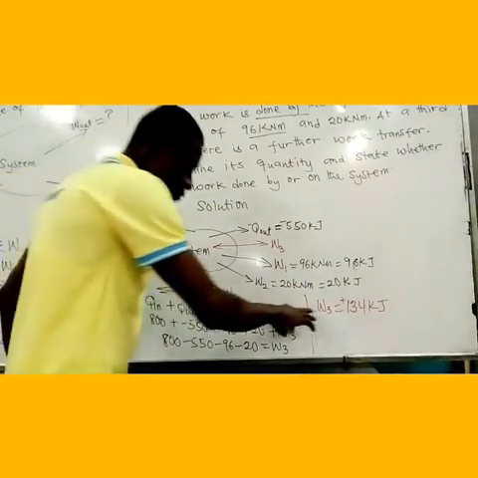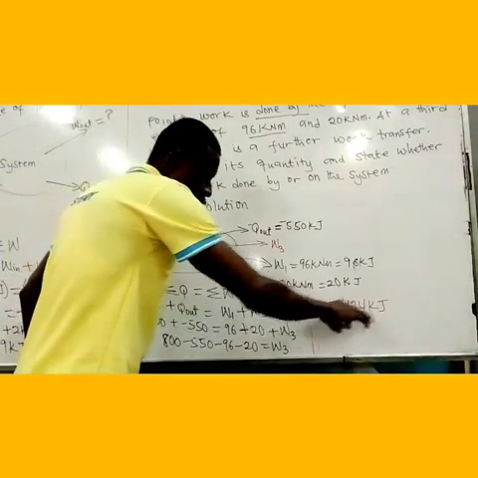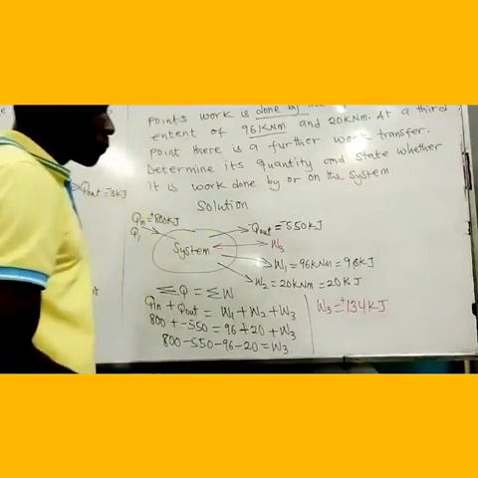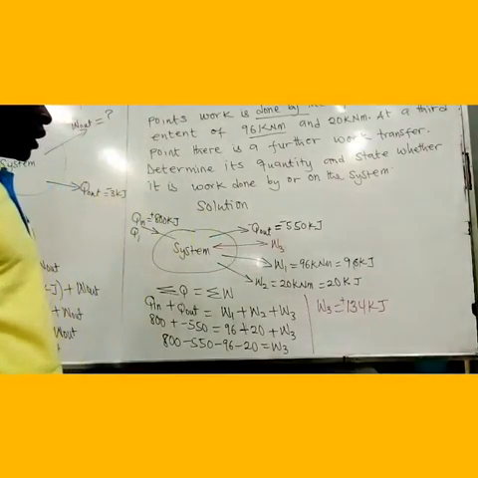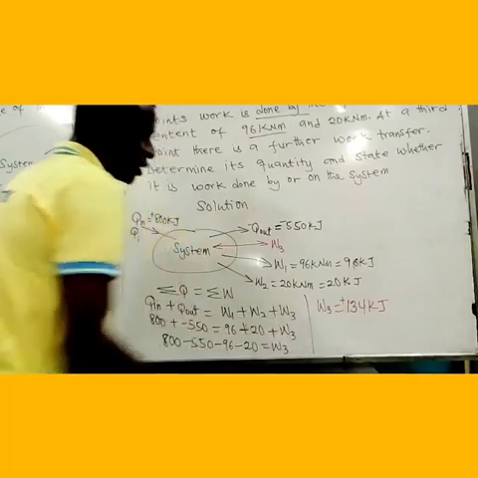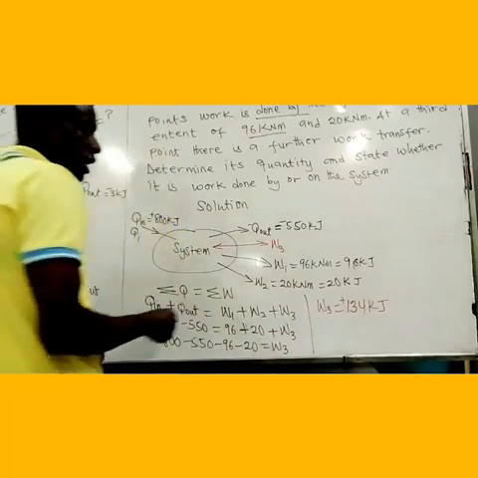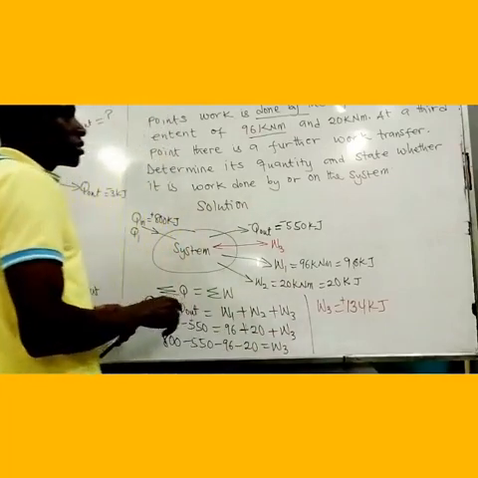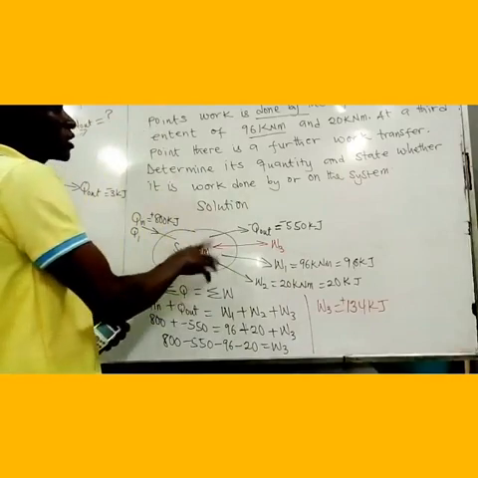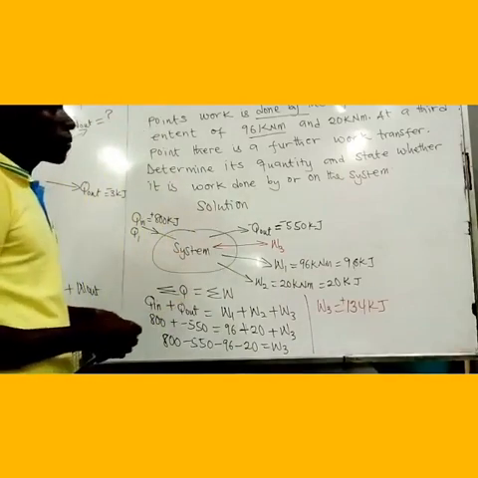Alright. If you have 134 kilojoule and it is positive, it means that it is work done by the system. The question says you should state whether it is work done on the system or work done by the system.